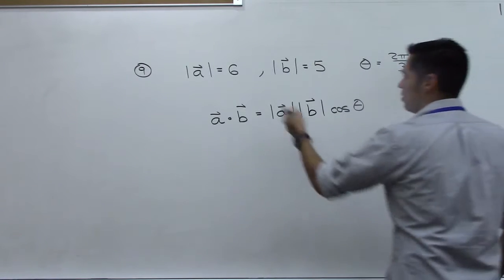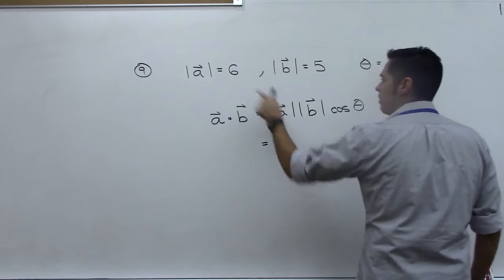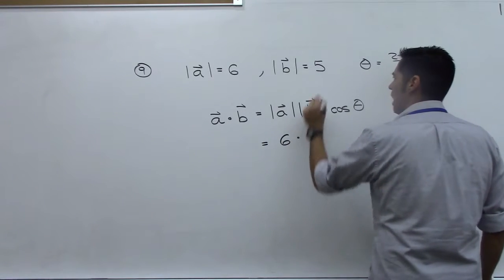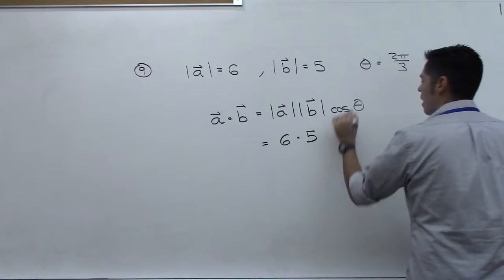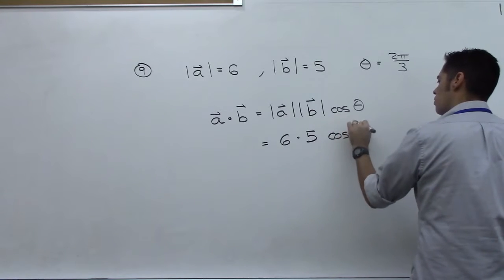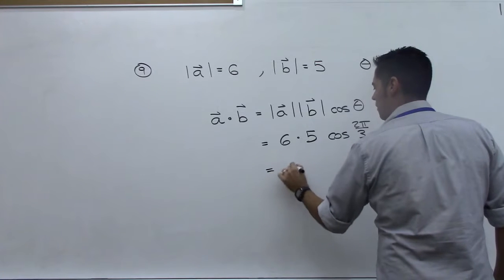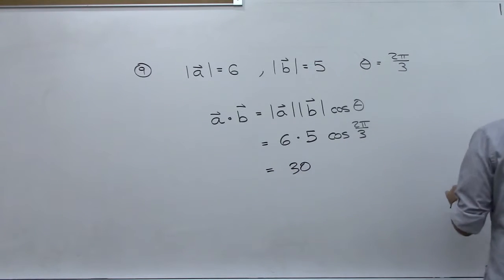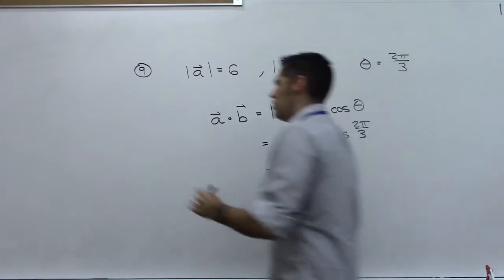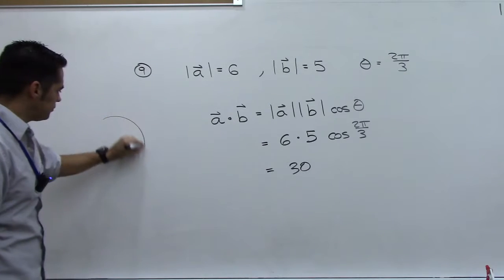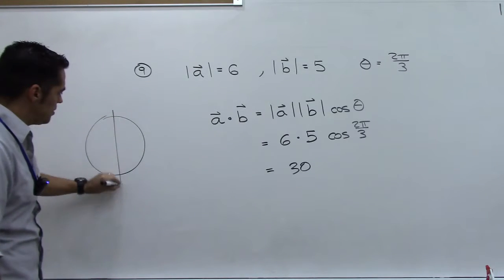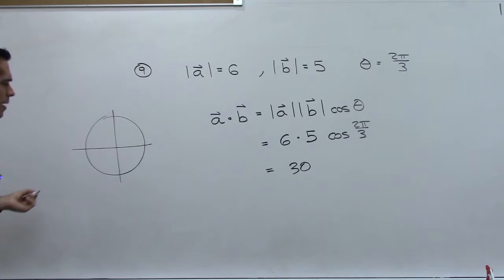All right, so this will be pretty clean. It's just going to be the magnitude of A, which we know is 6, times the magnitude of B, which we know is 5, and then cosine of 2 pi over 3. Now this is 30. And then let's talk about cosine of 2 pi over 3. Just go back to your unit circle. Where is 2 pi over 3?